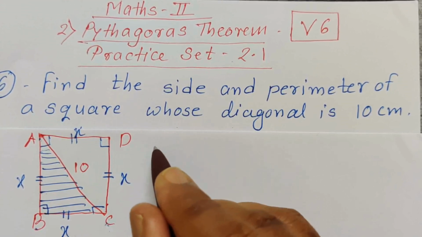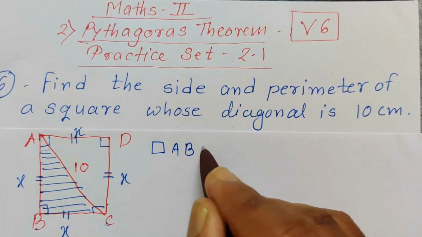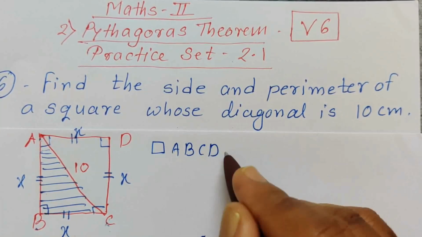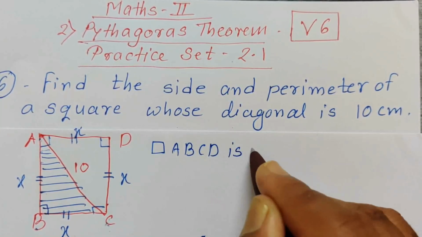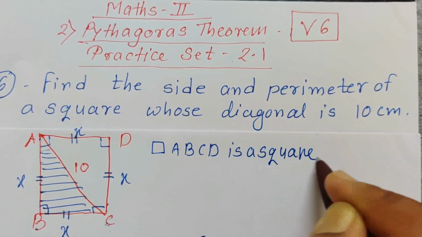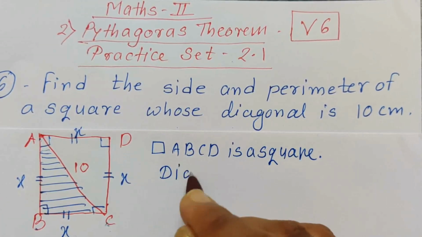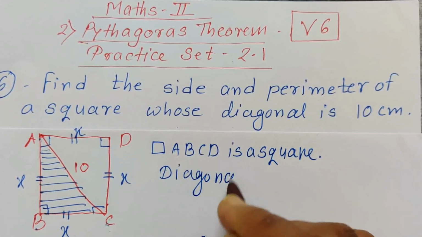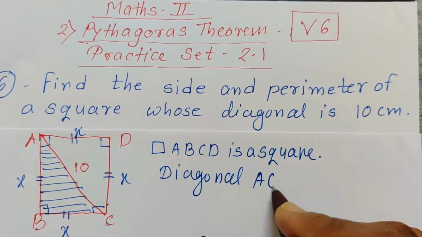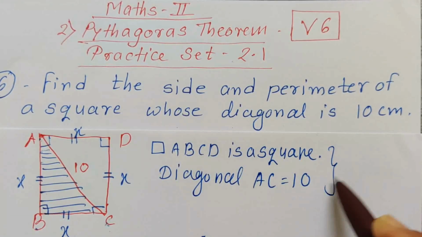What is given? Quadrilateral ABCD is a square. This is given. Then diagonal AC equal to 10. This is also given.